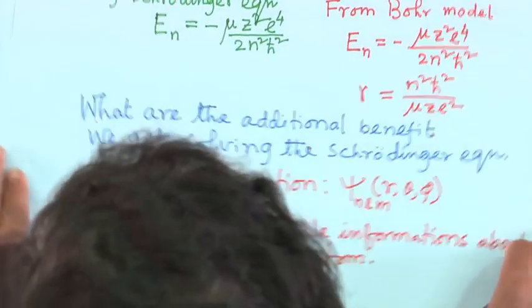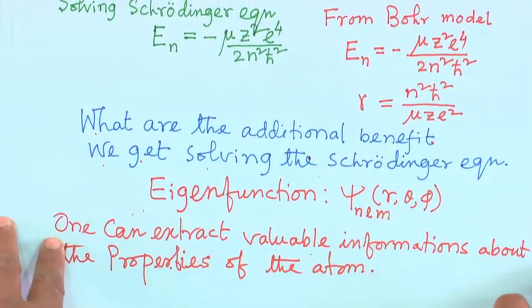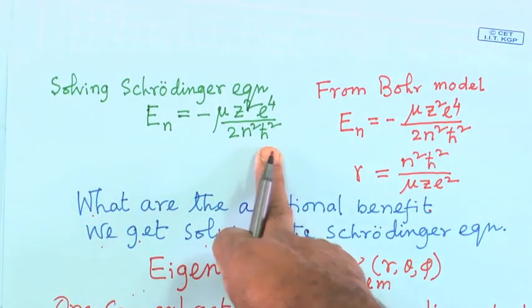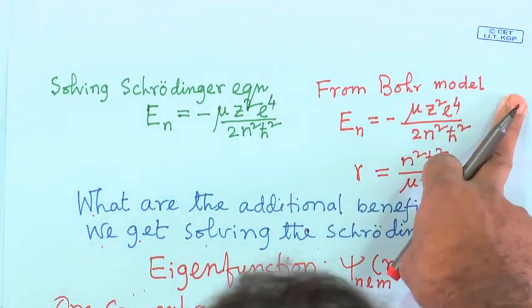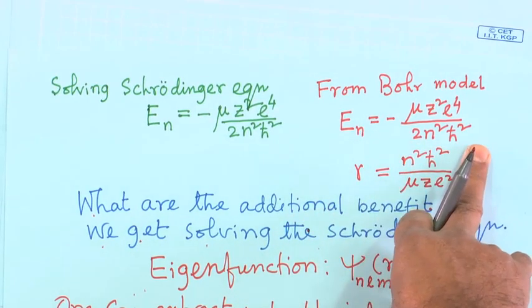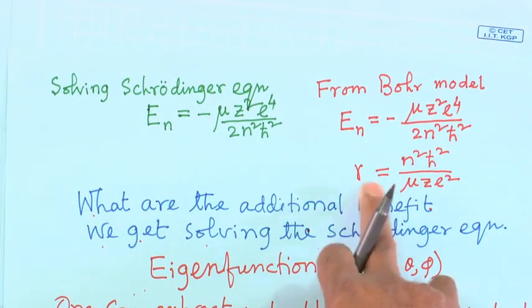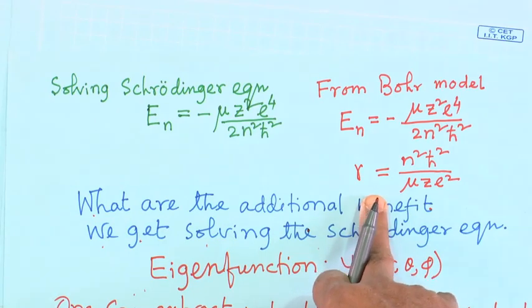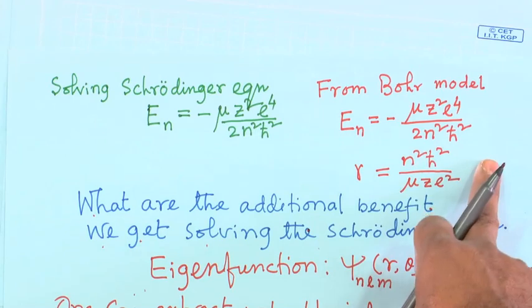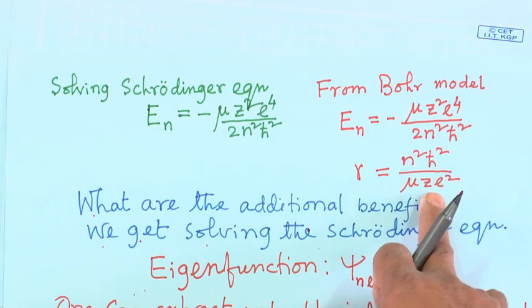Now, as I told you, solving the Schrodinger equation we got the energy expression, and from the Bohr model we also got the energy expression. From the Bohr model we also got the radius of the orbit, r equal to n square a square by mu z e square.